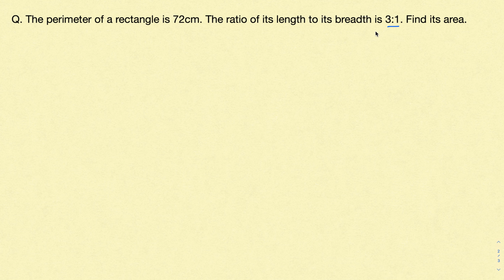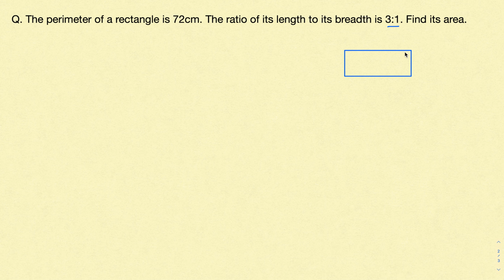Okay, so what we have here is a rectangle. So let's draw a rectangle quickly. So let's say this is my rectangle. What's the ratio of its length and breadth? I hope all of you know that this is the length, the longer side of the rectangle, and this one is the breadth of the rectangle.